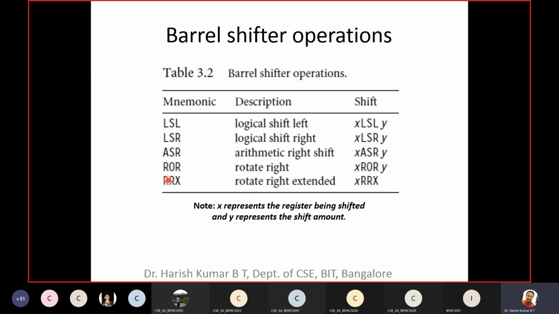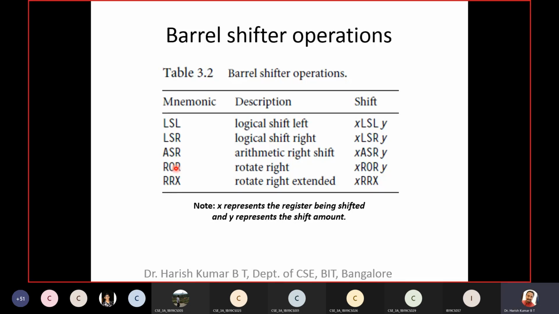In the conditional flags, there was a carry flag, C flag. Even that it includes. So including the carry flag, it rotates, and it comes to 33 bits. The maximum shift that you can do using RRX is a 33 bit shift. But for all the others, the maximum shift is a 32 bit shift. Hope people are following.